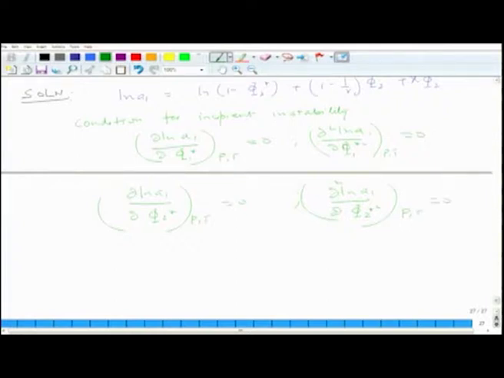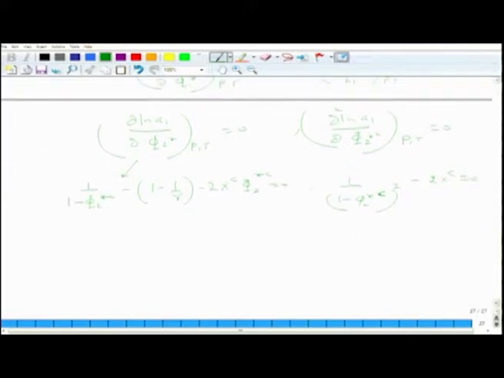Now, if you plug in this expression here, you should be able to get 1 minus phi 2c minus 1 minus 1 by r minus 2 chi c phi 2c equal to 0, and the second one would be 1 by phi 2c minus 2 chi c equal to 0. So, using these two expressions, one should be able to find out phi 2c as well as chi c.